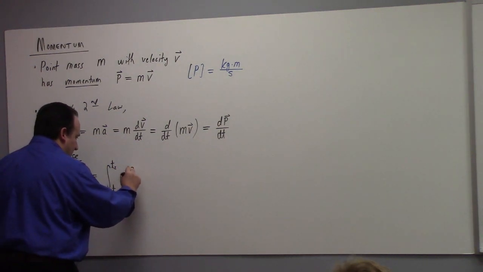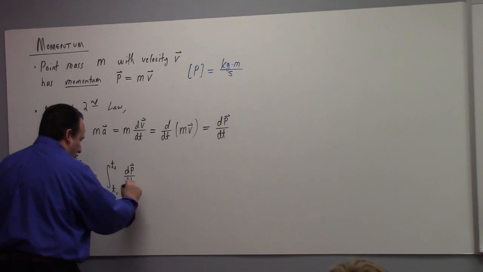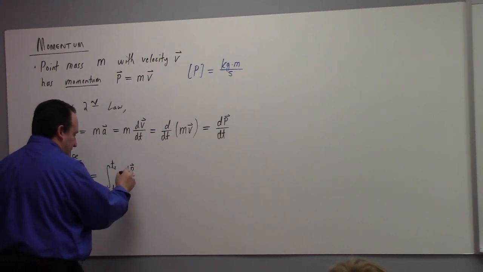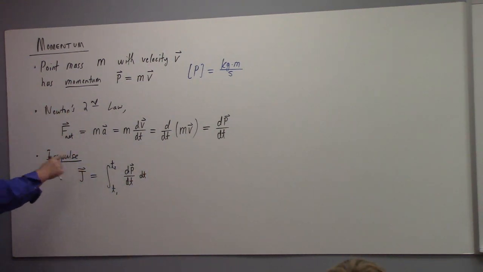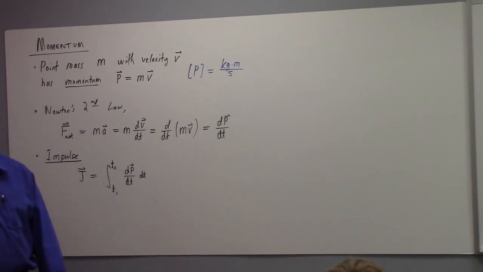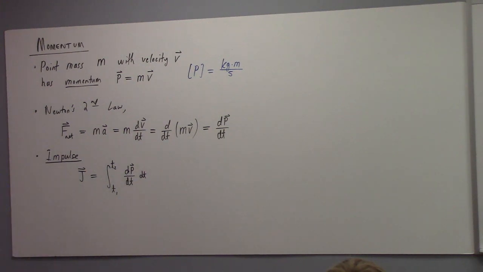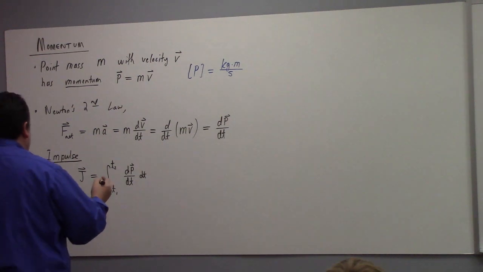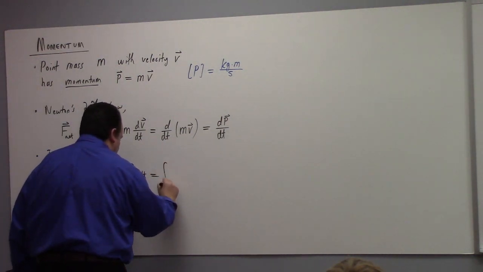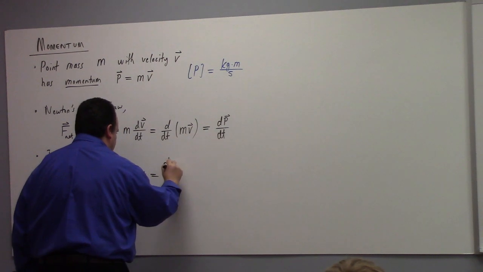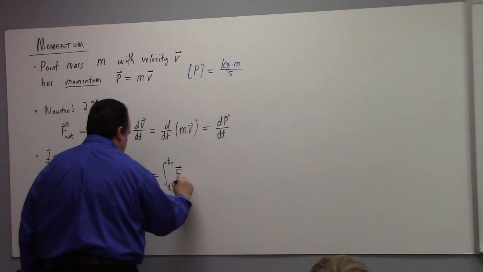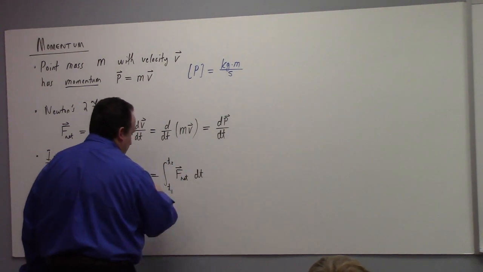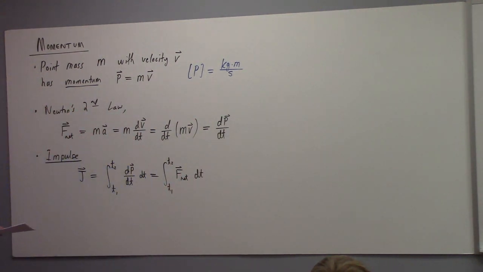To find the change in the momentum, you integrate the change, so this gives us the change in the momentum. But what else could you say? That would be the integral of the net force. So alternatively, you can define the impulse as the integral of the net force on the particle. The impulse delivered to the particle is the integral over time of the net force.